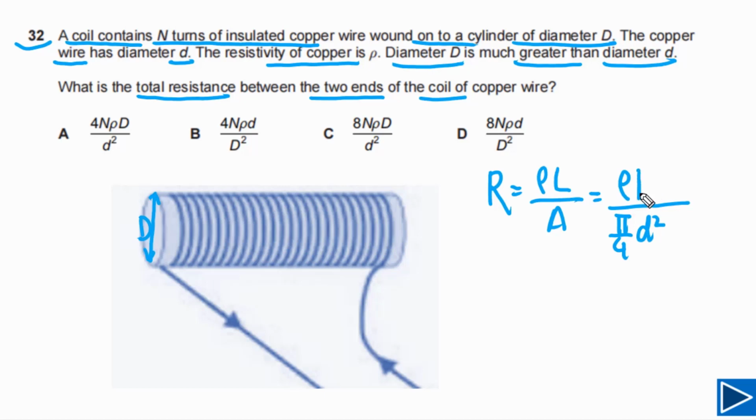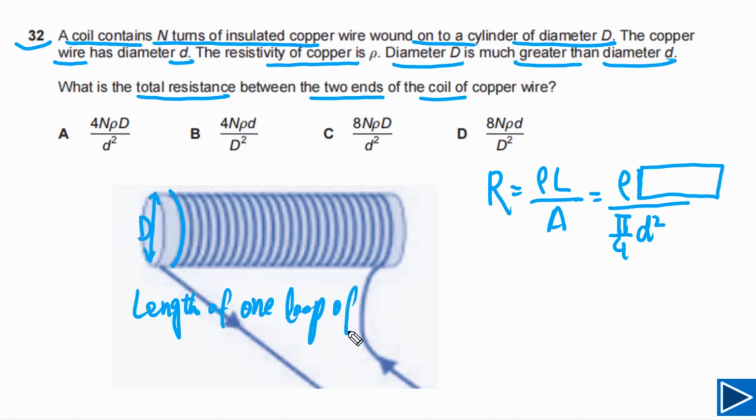Now the problem is how we can find the value of L. In order to find L, we need to find the length of one loop of wire. That is simply equal to pi times D, the circumference of the cylinder. But we have to multiply by N, because in the question it is given that there are N number of turns. So this is pi D times N.